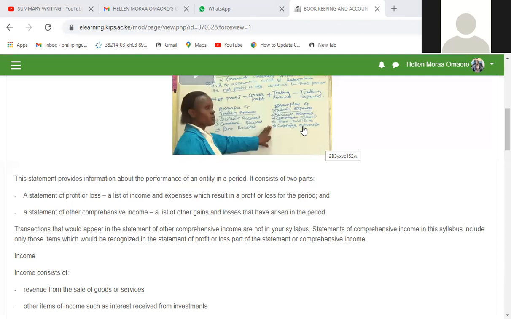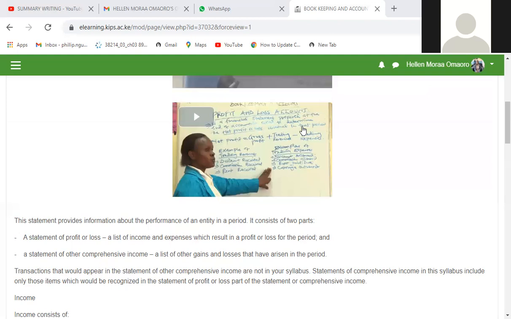When we prepare the trading account, it will help us to get the gross profit. So I said for you to get the gross profit, it is the net sales, then you less the cost of sales. Okay, it is net sales, then you less cost of sales. Are you there? Yes.